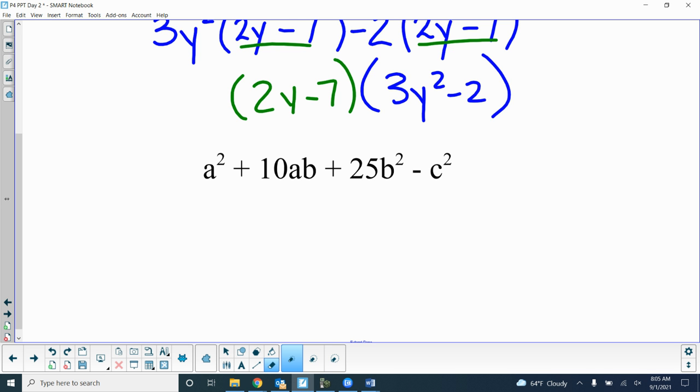If I put these two together, I've got a 5b in common, right? But then I have 2a plus 5b. And if I put these together, that's a difference of squares. That's still not helping me, is it?